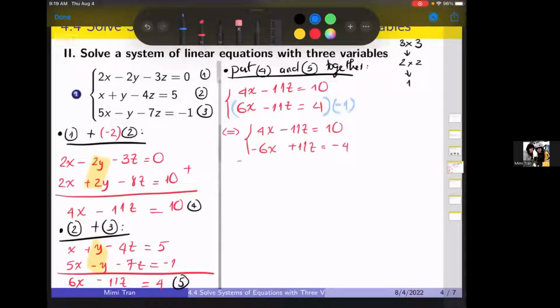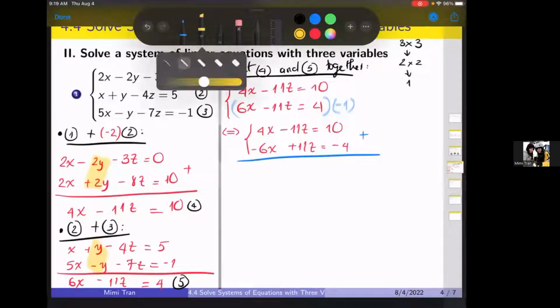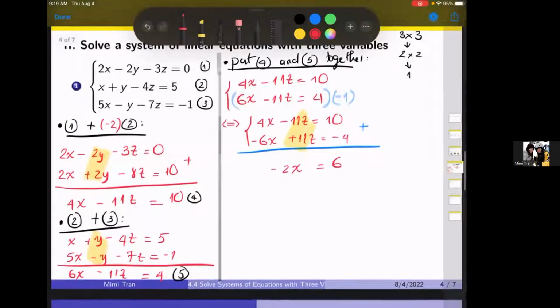And then you add. z is gone. So that's what I meant by 3 by 3. You go down from 3 by 3 to 2 by 2, it's 4 and 5, 2 by 2, and now 1. So all you have left is x. -2x equals 6. Solve for x: divide both sides by -2, x equals -3.